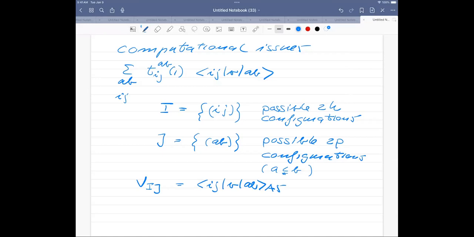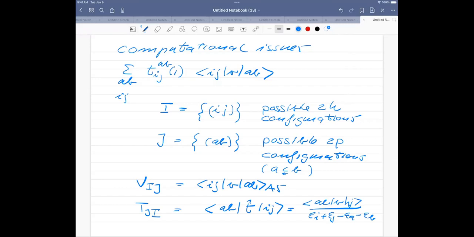And then I'm going to define a new quantity, which I call T, which is actually the matrix element of this operator T, AB and IJ, which is the same as the matrix AB VIJ divided by epsilon I plus epsilon J minus epsilon B minus epsilon A.